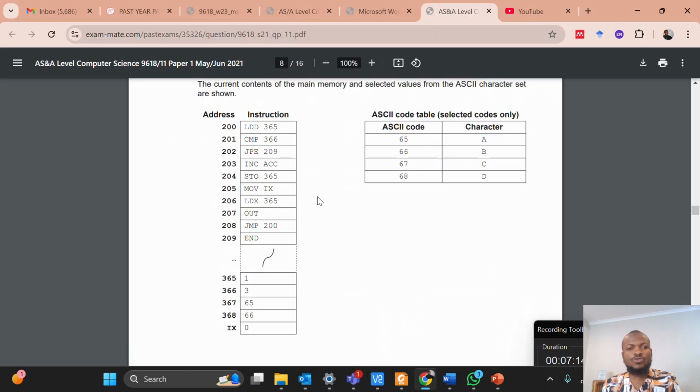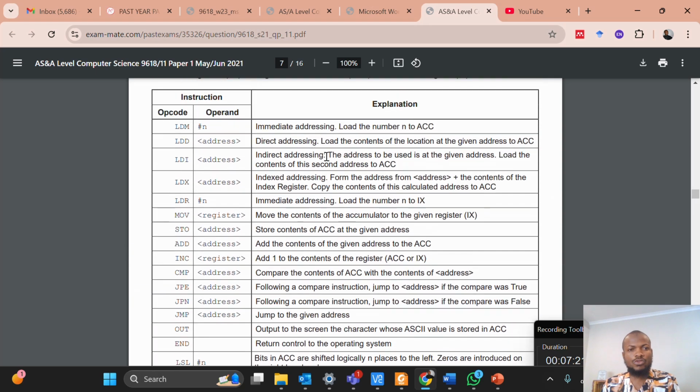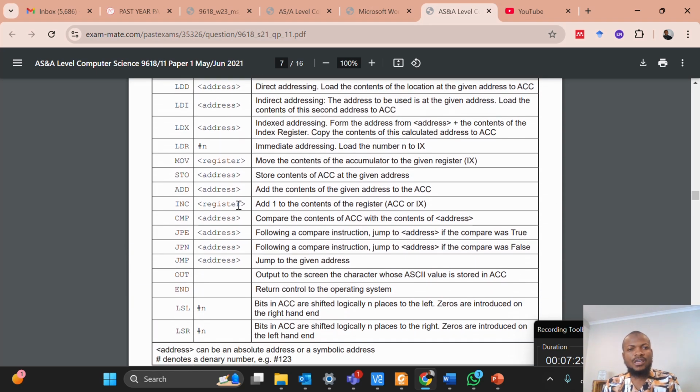So what does address 203 say? It says INC accumulator. If you don't know what that is, go to the table. INC accumulator: add 1 to the content of the register, whatever register is written there, whether accumulator or the index register. So INC accumulator means add 1 to the content of accumulator.